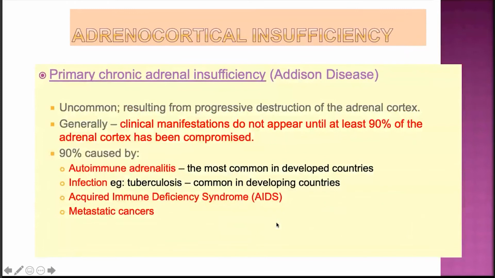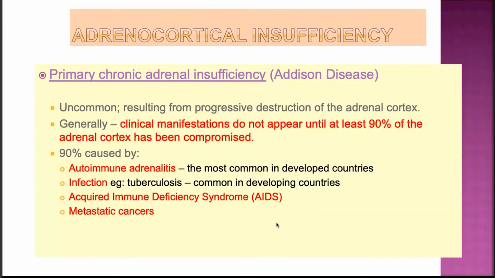And for the chronic condition of primary adrenal insufficiency, we call it Addison disease. This is very uncommon, but of course in medicine we need to know, including the uncommon diseases, resulting from the progressive destruction of the adrenal cortex. The hypofunction or insufficiency is due to destruction, whether acute or chronic.